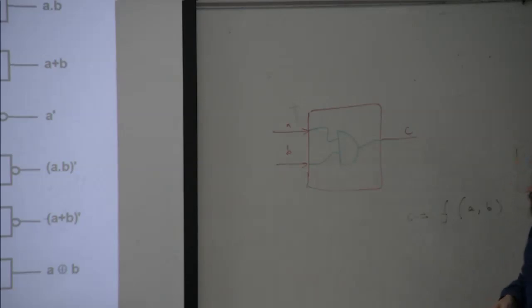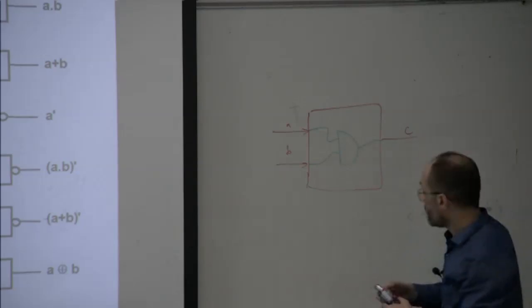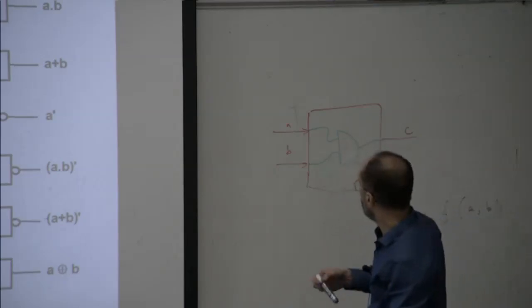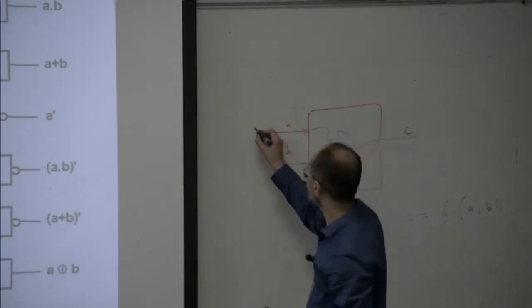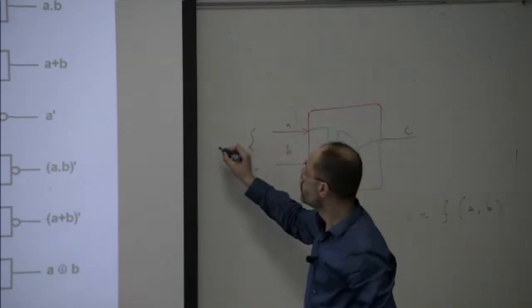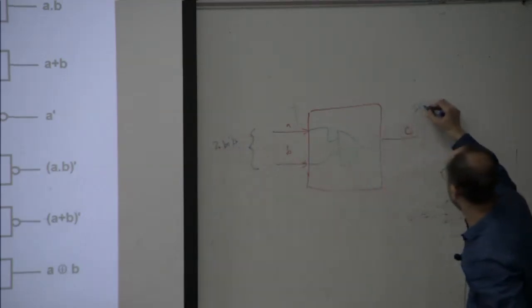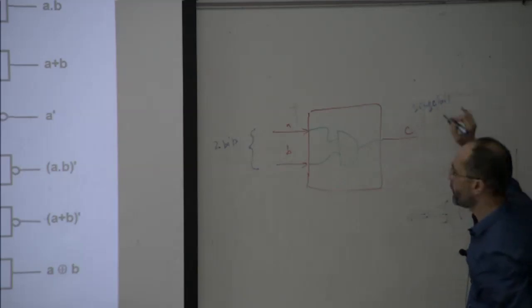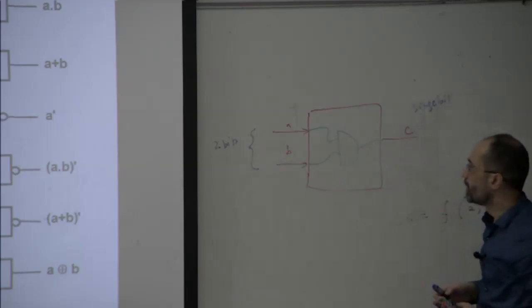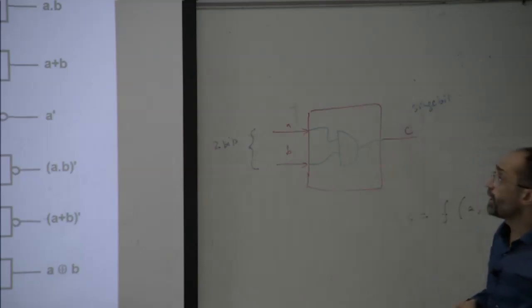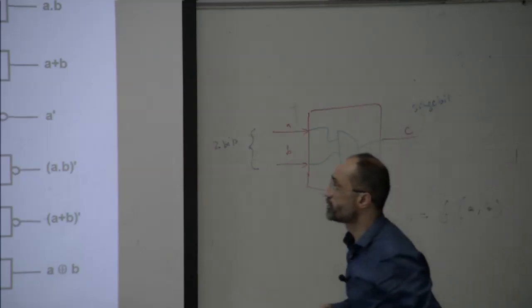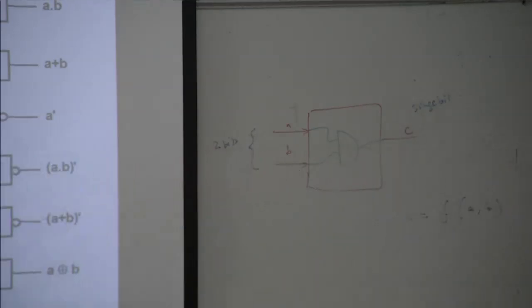Okay. Now if you look at A and B, how many bits? 2 bits. And the output is a single bit. Now if you look at A and B, there are 4 possible combinations.